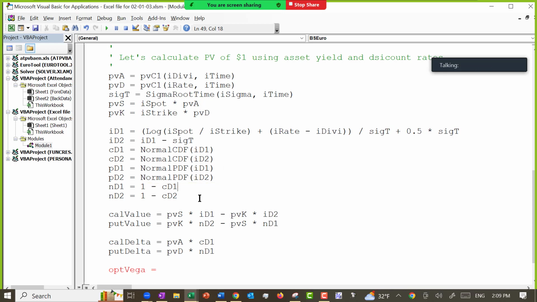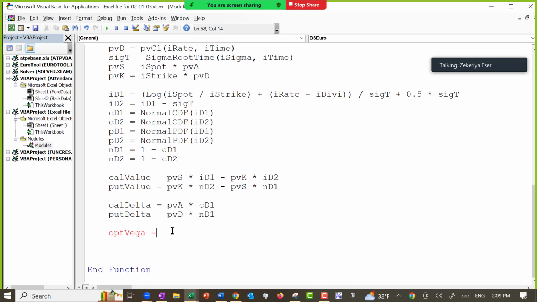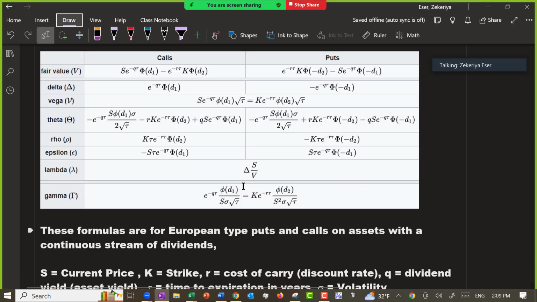Okay. Now let's go to option Vega, which is present value with respect to asset yield times square root of t. So let's calculate that separately as well. Or I need that only once, so I could do it right there. So this is PVS times PD1 square root of time.